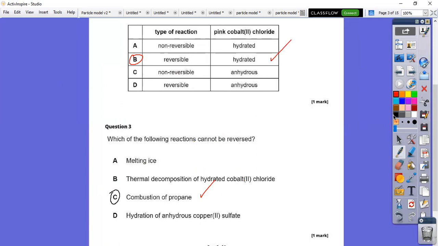Not quite actually, because if we combust propane, remember what the products are. Can you remember? This is complete combustion, by the way. Is it water? Yes. And is it oxygen? Not quite, because this oxygen is a reactant.